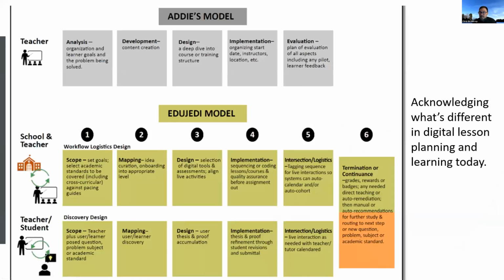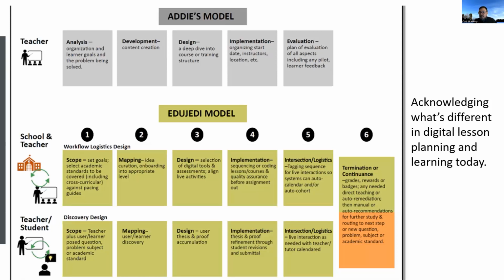The last thing that we're going to talk about here, very briefly, is a model. And as we start moving into personalization that leverages technology and is built around a learner, we have to start using a model that's designed for that. And there's two that are shown here. One is the ADDIE model, fine model, right?